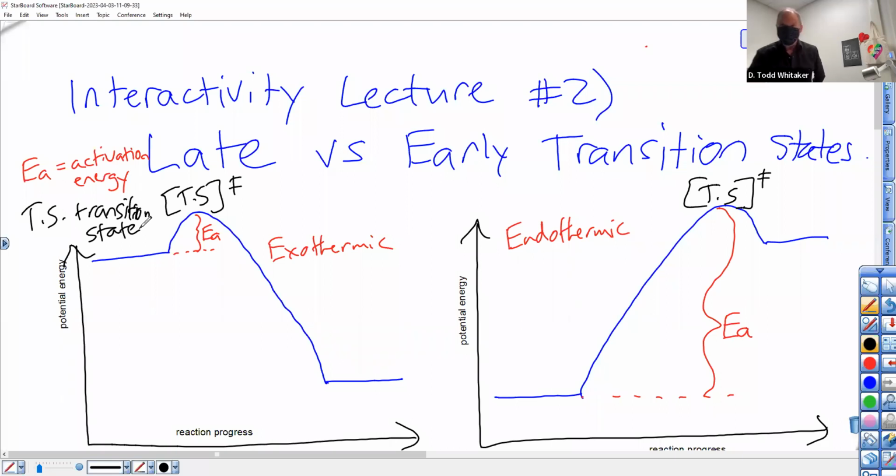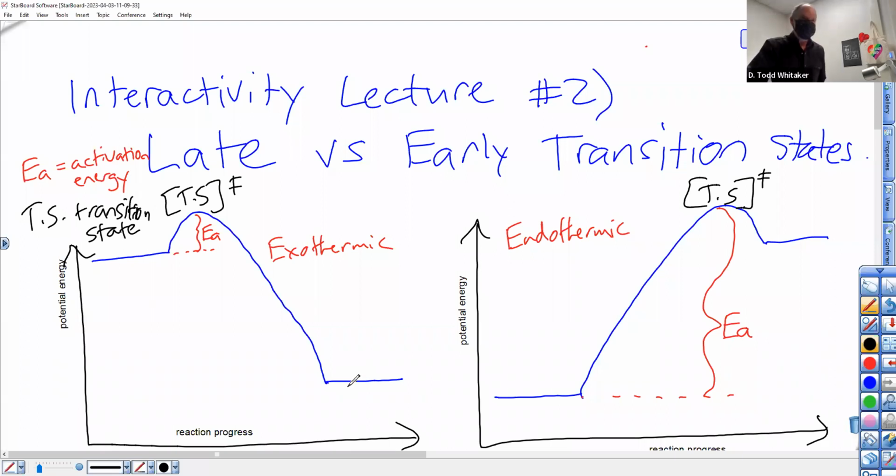And energy is easy to measure. So if you find out the transition energy is here, and you knew the reactant energy is here and product energy is here, those are real easy things to measure using calorimetry. We can do that. My question for you, in this first diagram, is the transition state's energy closer to the energy of the reactant or the product?